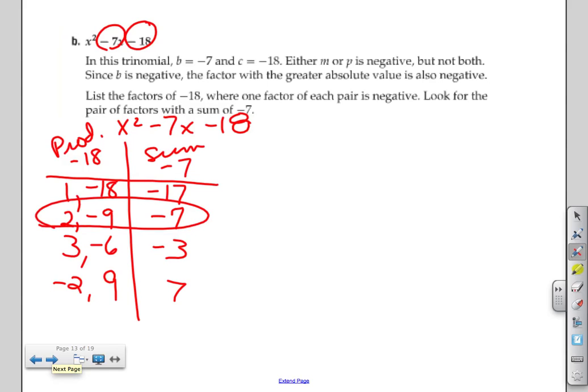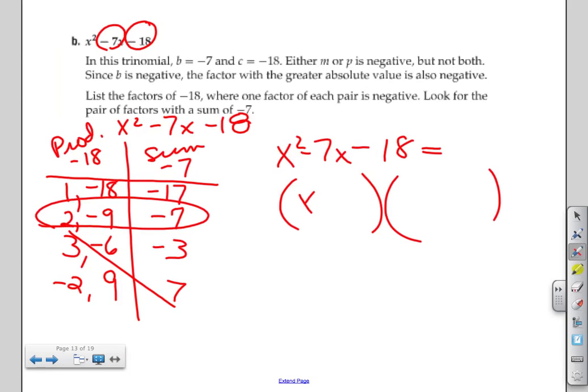So here's our solution. You don't have to do these others, but for our example, I wanted to show you how we work through them and see the right one. Okay, so we have x squared minus 7x minus 18. And that equals, parentheses, what? x minus 9 and x plus 2.